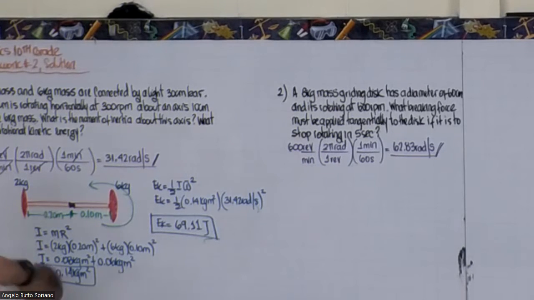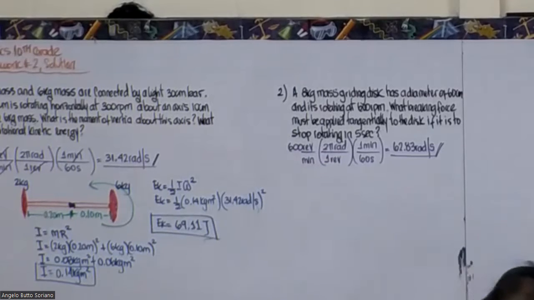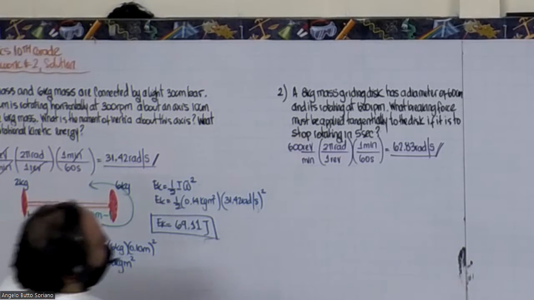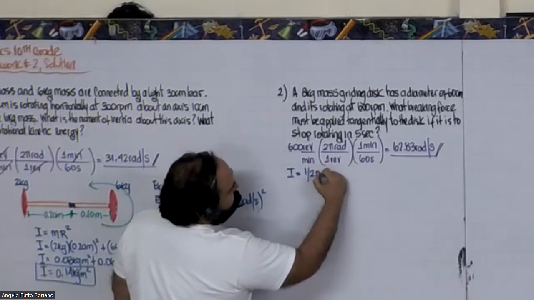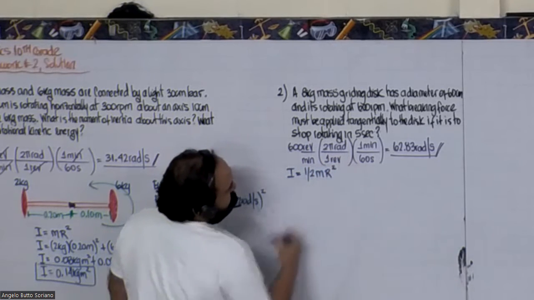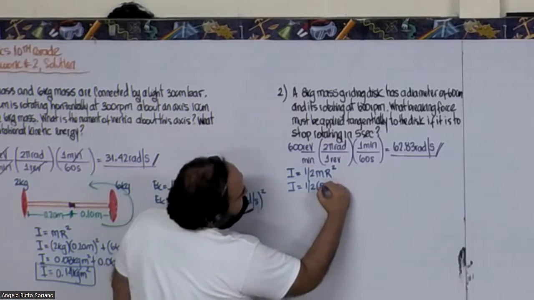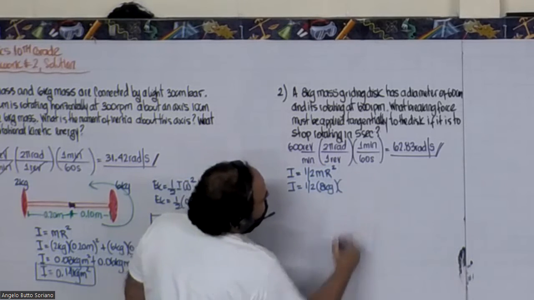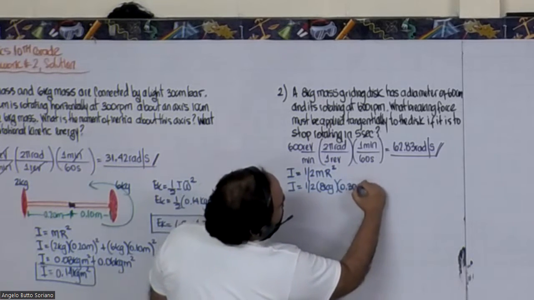On the other hand, we're talking about a solid disk, and it has a moment of inertia. The moment of inertia can be calculated by the following formula: I equals 1/2 mass times radius squared. That will be 1/2 times 8 kilograms times the square of the radius, 0.30, because the diameter is double the radius.